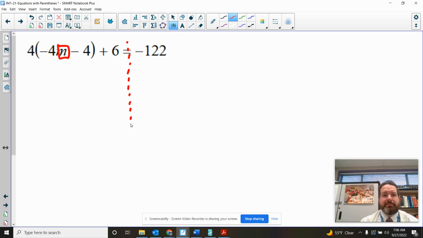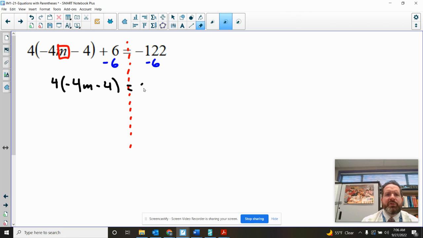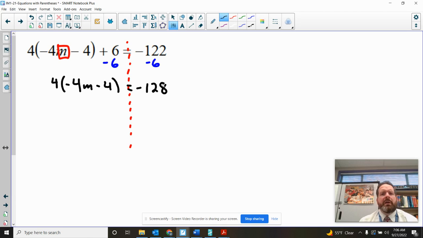So my first step is going to be to subtract this 6. This in front's going to stay the same. So 4 times -4m minus 4 equals, those went to 0. -122 minus 6 is -128. Now, you can distribute the 4 at this point. That will work fine.